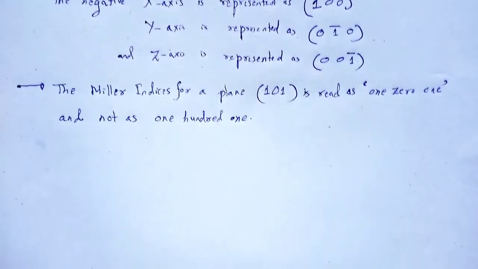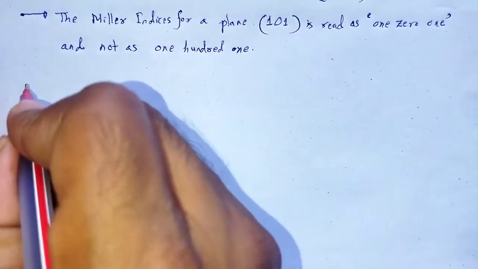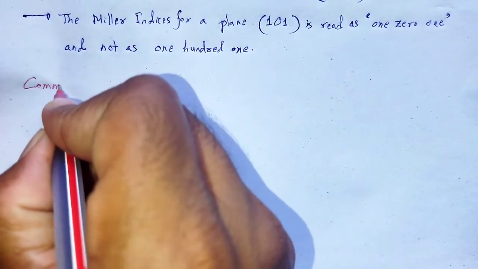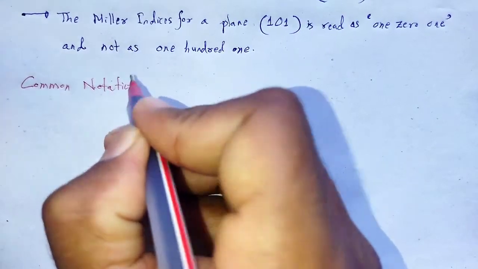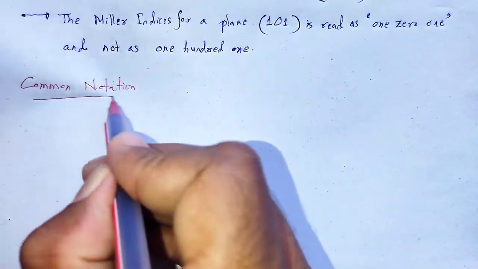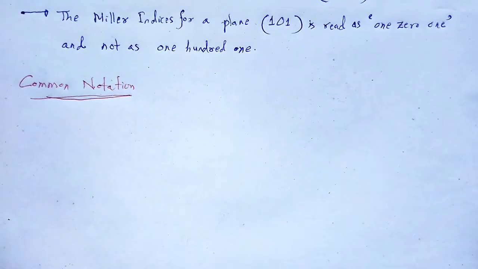Again, some common notations we have to follow. Common notations are also used in determining the Miller indices.